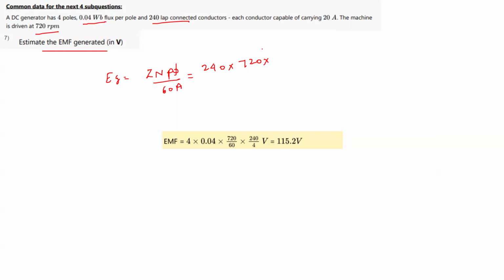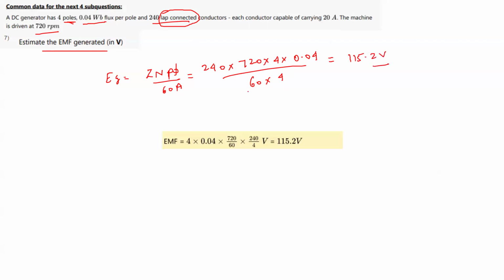Number of poles is 4, and flux per pole is 0.04, divided by 60 into the number of parallel paths, because this is a lap connected armature winding. If you simplify this, you will get 115.2 volt.